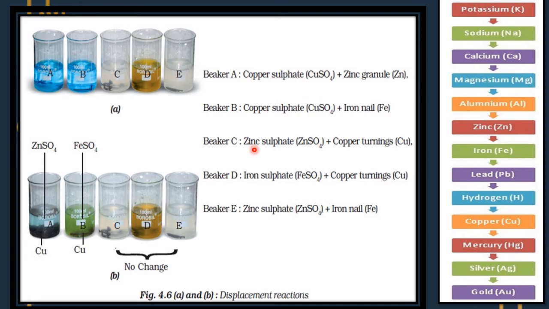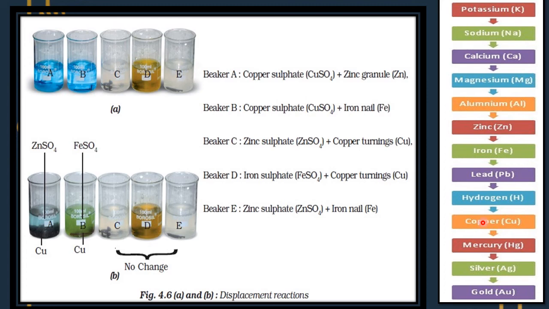In beaker C, we had taken zinc sulfate and copper. Zinc is over here and copper is over here. Copper, as it is in a lower position, cannot displace zinc. So that's why there is no reaction at all. In beaker D, ferrous sulfate and copper turning was taken. Copper is over here and iron is over here.